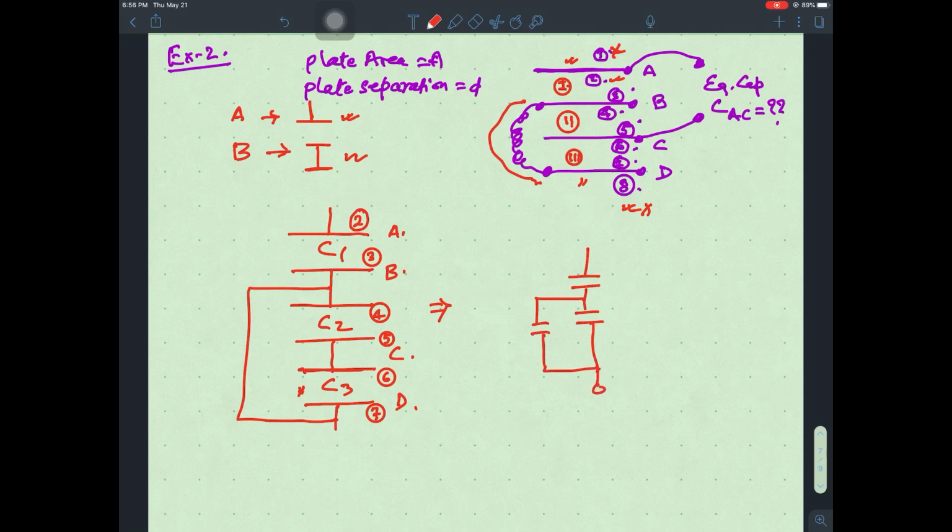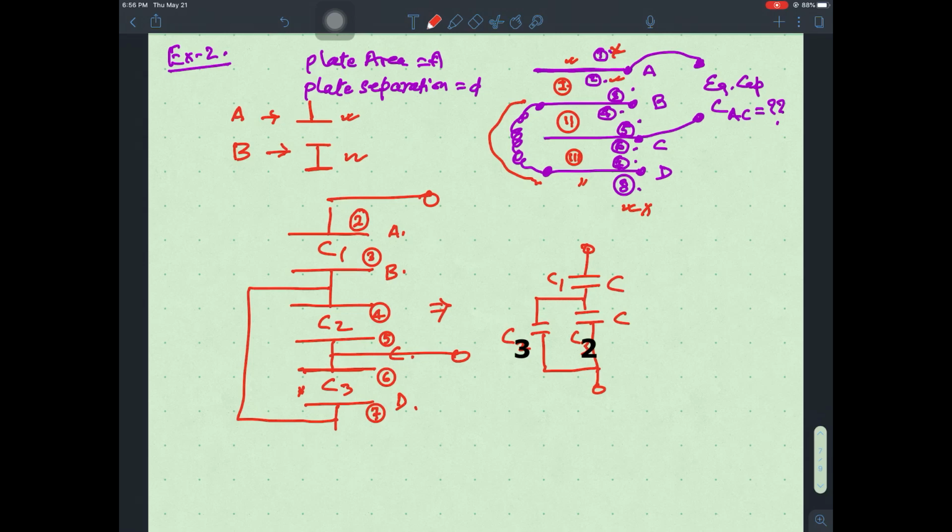This is the equivalent circuit. Here is the point with C, and here is the point with A. So this is your C1, this is your C3, this is your C2.